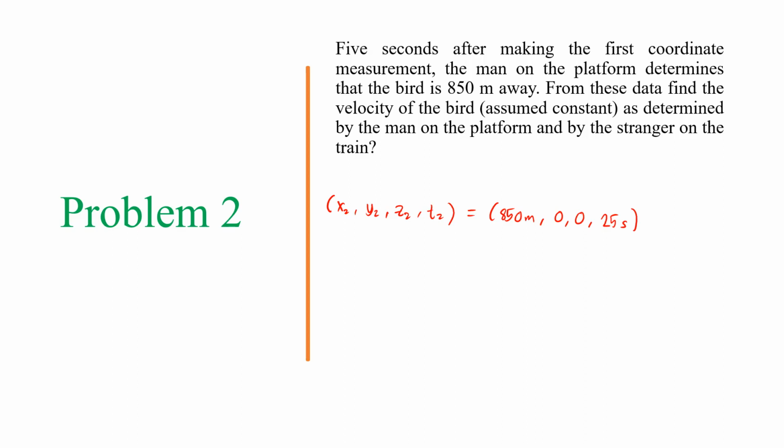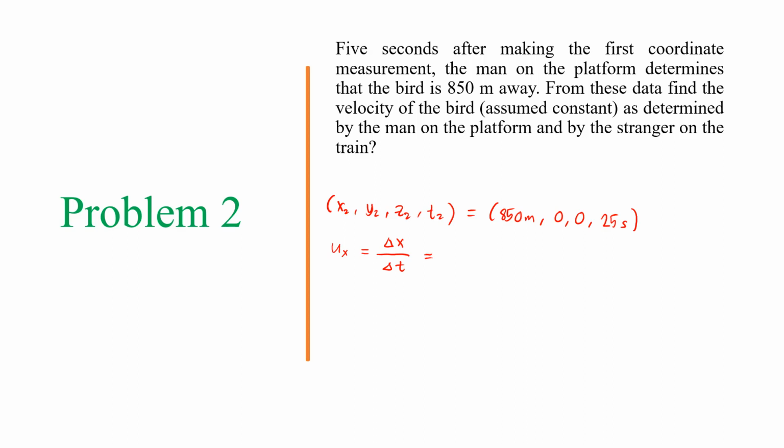Hence, the velocity of the bird as measured by the man on the platform is just equal to the change in displacement with respect to time. The velocity along the x, shall we call it u sub x, is just equal to the change in displacement along the x with respect to time, or the change in x divided by the change in time.